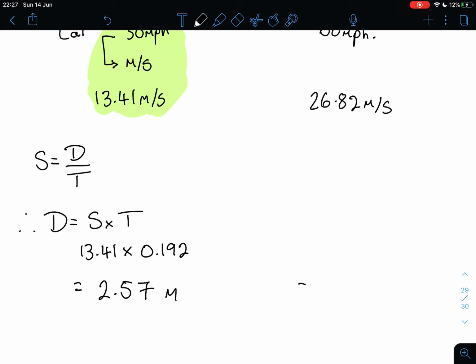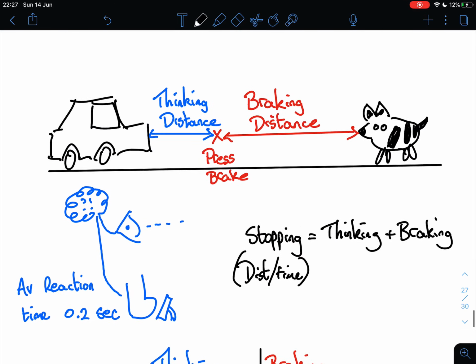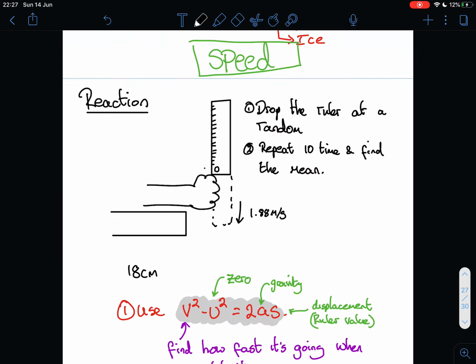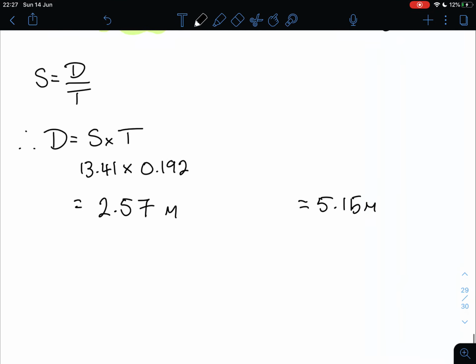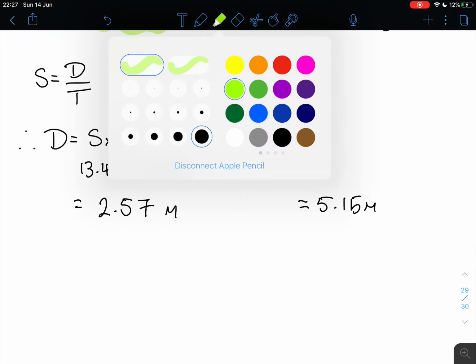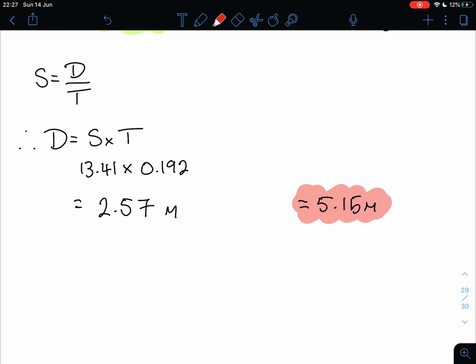I will have gone 5.15 meters. I will have gone twice as far in the time. Now that doesn't take into account my stopping distance, my braking, because the braking distance gets worse, goes up even more. So here I'm going to shade that one in red for bad. So that's the first problem. No matter how hard you try, you will have gone twice as far in the time it takes you to think it.